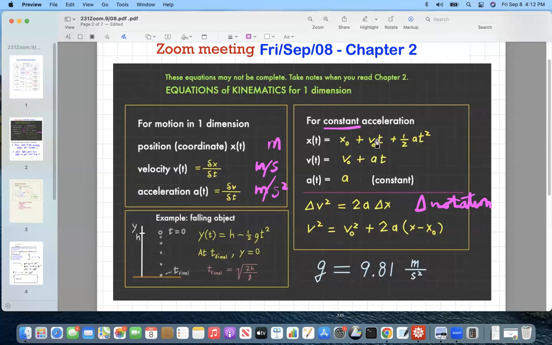These constants x0 and v0 depend on the value of position and velocity at some initial time. So these equations are valid where t0, the initial time, the time where you start observing the motion, is assumed to be 0.